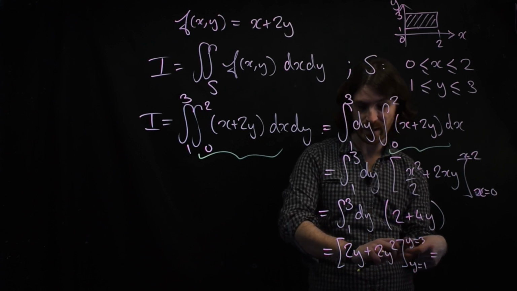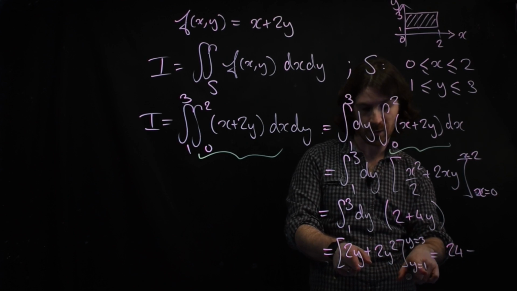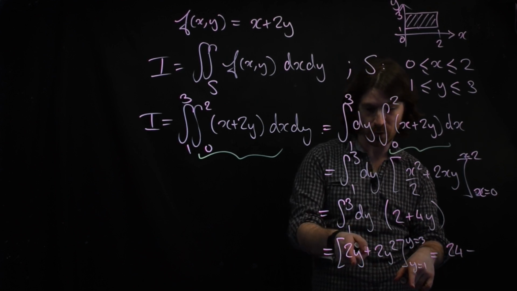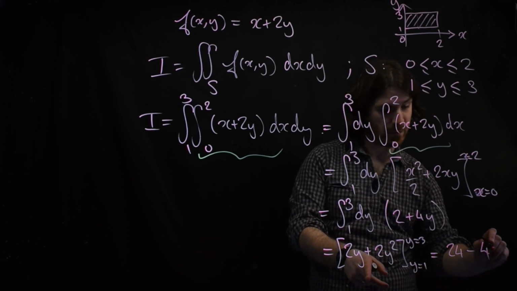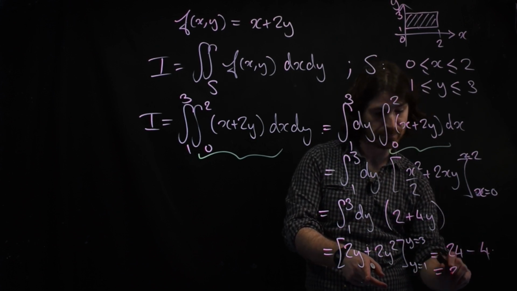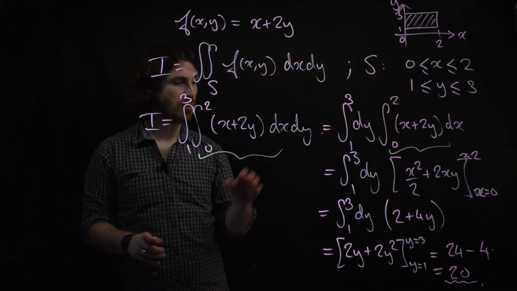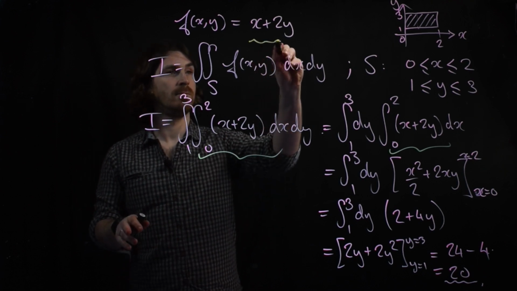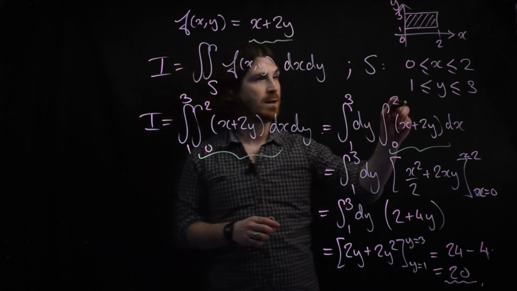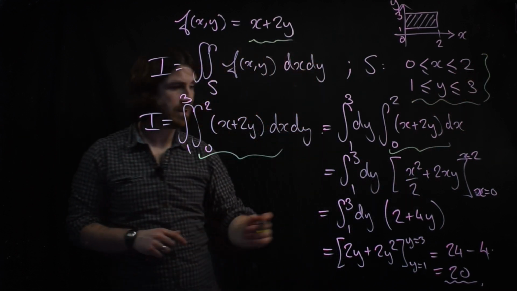So it's 6 plus 18 is 24. Take away, now we put in y equals 1, 2 plus 2. So we take away 4, and the answer is 20. So the volume under that surface of the function x plus 2y in this region S is 20.